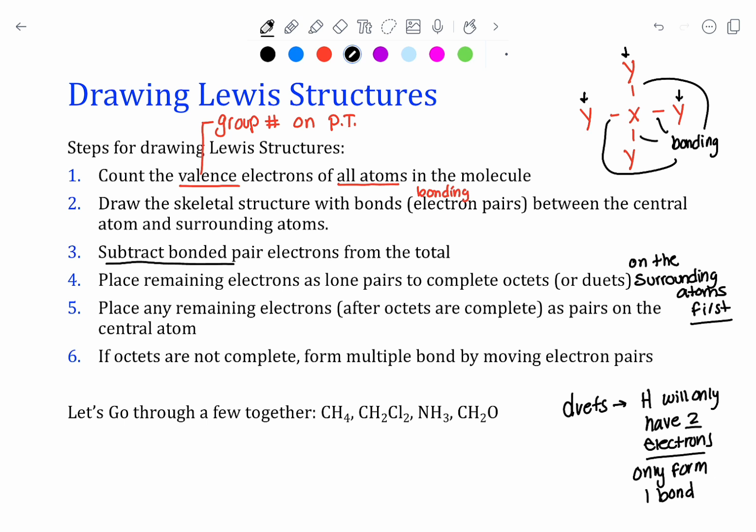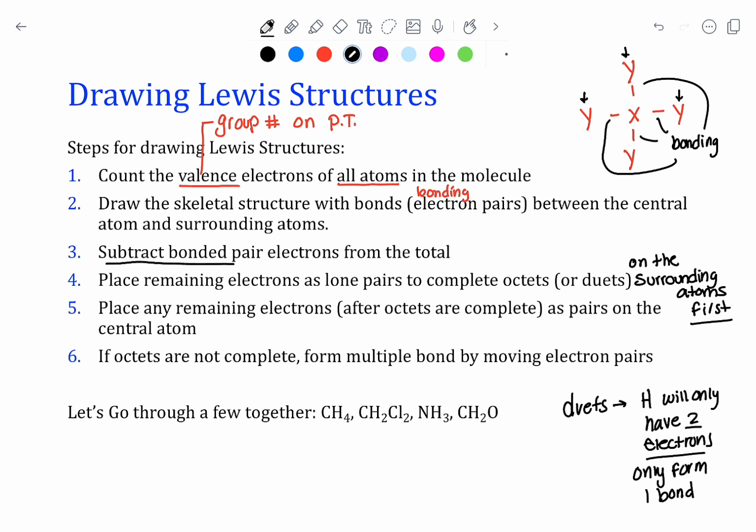Okay, so after we've completed our octets on our surrounding atoms, we're going to subtract the amount of electrons that we used to do that from our total. If we have any remaining electrons after our octets are complete on our surrounding atoms, we're going to place those remaining electrons as pairs on the central atom.